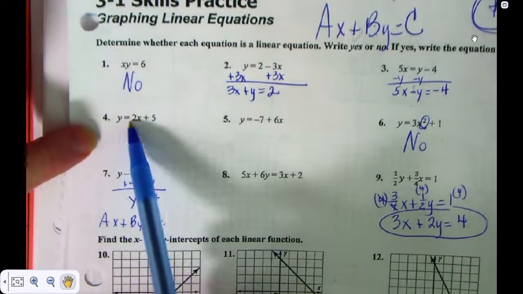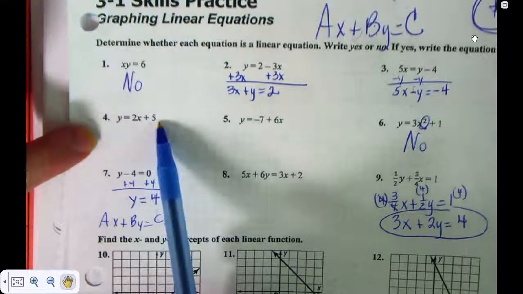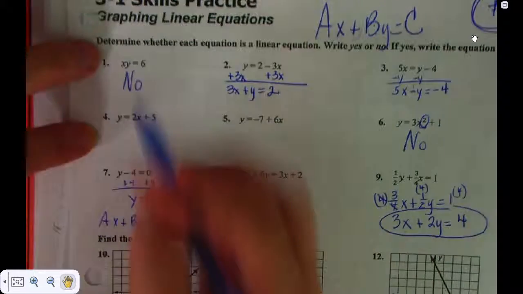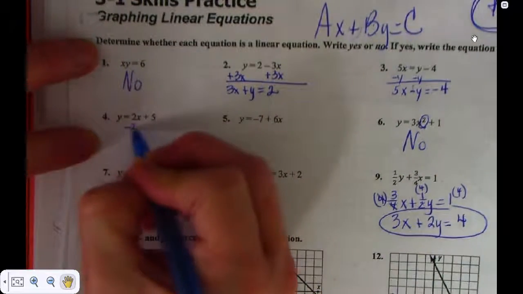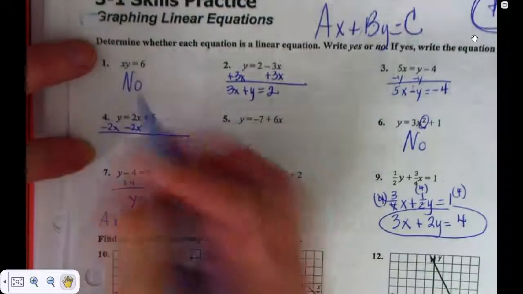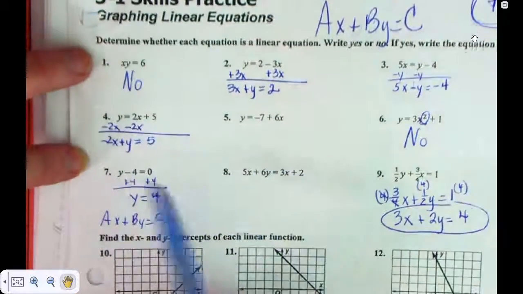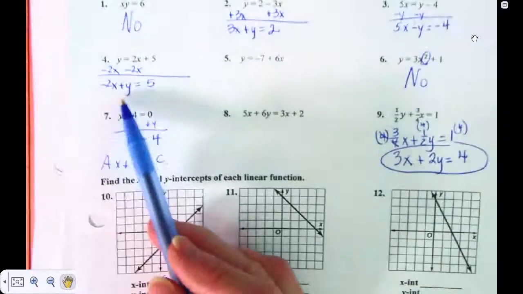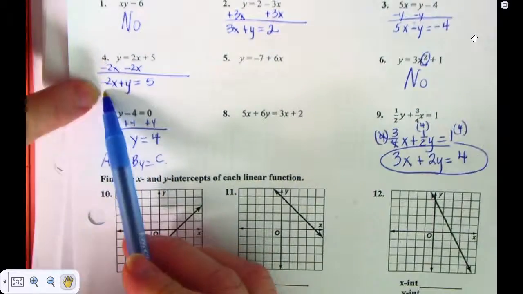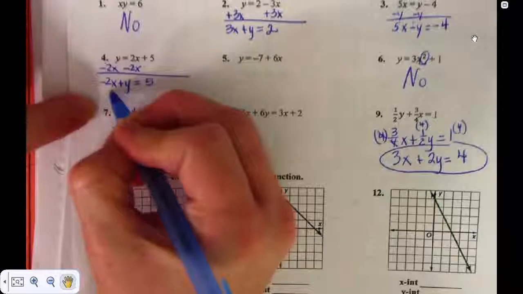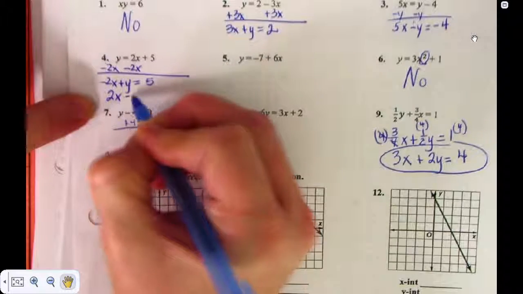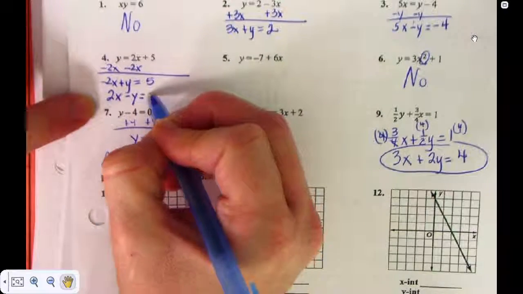The slope, and 5 is the y-intercept. But we need to move that over. So negative 2x plus y equals 5. You cannot lead with a negative, so it's going to be 2x minus y equals, good.